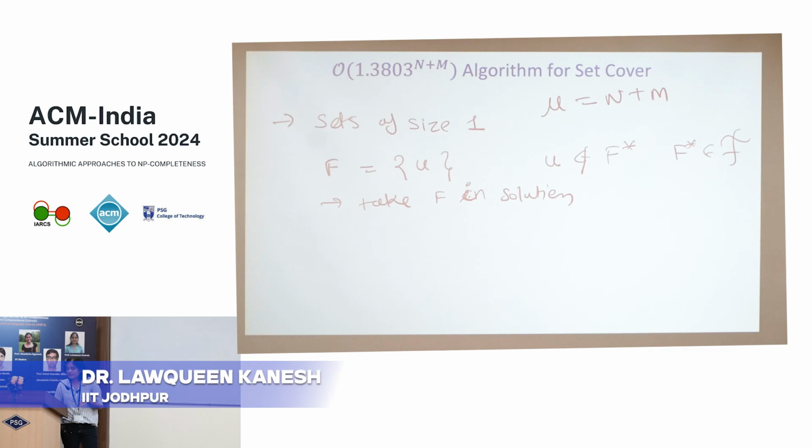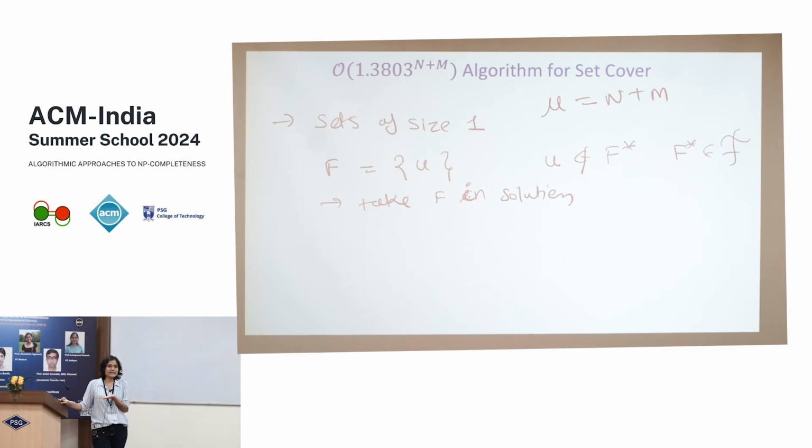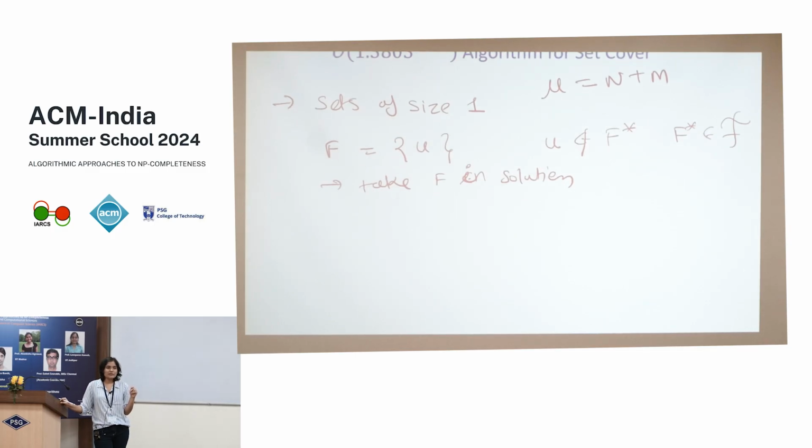Otherwise what happens? U is appearing in some other sets as well. What should I do in that case for this set F? Can I simply delete it? I can, right? Because if this goes into the solution, I can take that other set that is also containing U. There is some other set which contains U, and I can take that set and the union as an optimized solution.